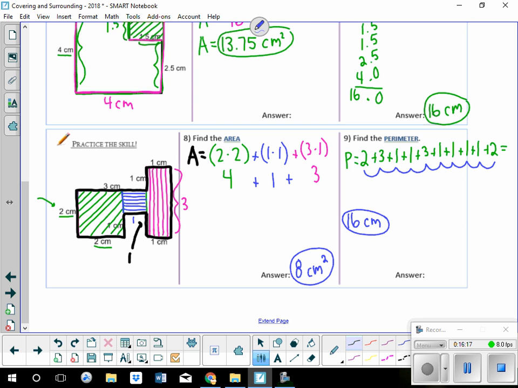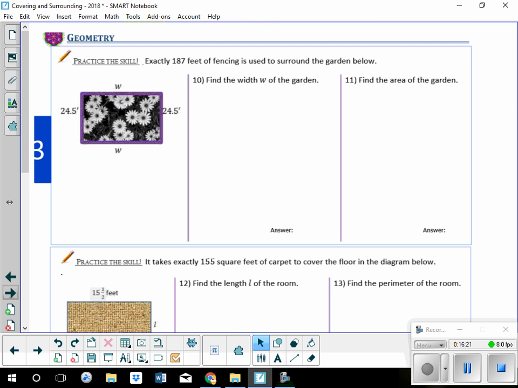We have a couple more we're going to do together here. So this says exactly 187 feet of fencing is used to surround the garden below. So that might also be known as the... what value have they given us, guys? The length. What do we call it? All the sides added up together.